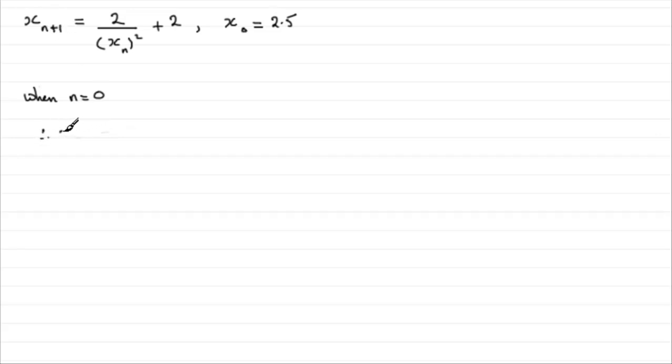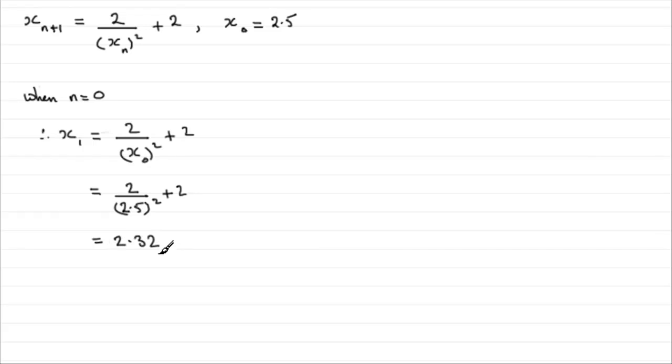So we'd therefore have x1 equals 2 over x0 all squared plus the 2 on the end here. And what is x0? Well, it's 2.5, so we can think of this as 2 divided by 2.5 squared plus 2. And if you work that out in your calculator, you'll find that you get 2.32.